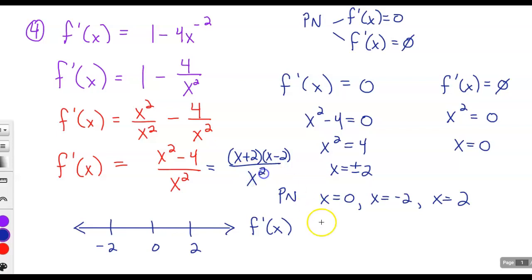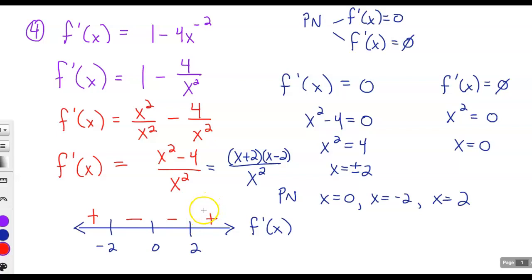Now the cool thing is my denominator is just a variable squared, so the denominator is always positive. So really the only thing we care about is the numerator. So I'm going to go ahead and just throw the signs on here. It's plus, minus, minus, plus. Okay, so now the only thing that could happen here, right, is that negative 2 could be a max because my derivative is going from positive to negative, so my function's going from increasing to decreasing, and 2 could be a min.